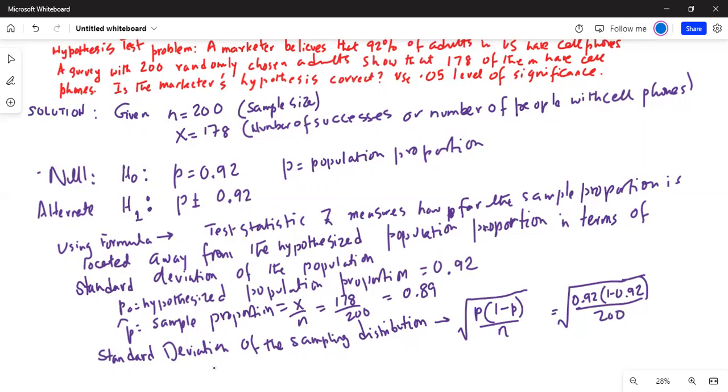So how do I do it in my calculator? Second button, then x square button will give me the square root. Inside the square root, 0.92 left parenthesis, 1 minus 0.92 right parenthesis, all inside the square root, divided by sample size of 200, and then enter.